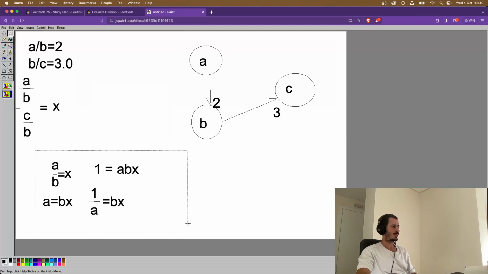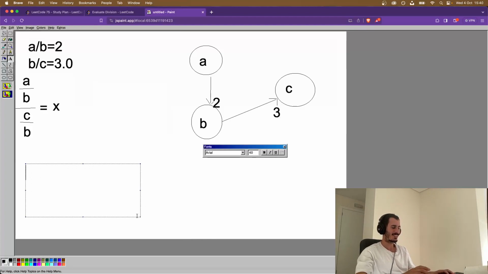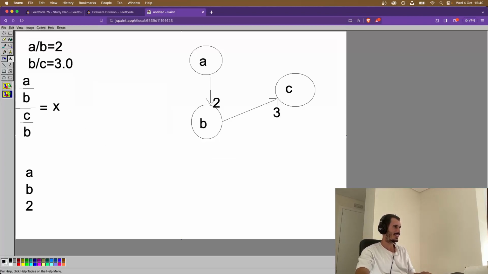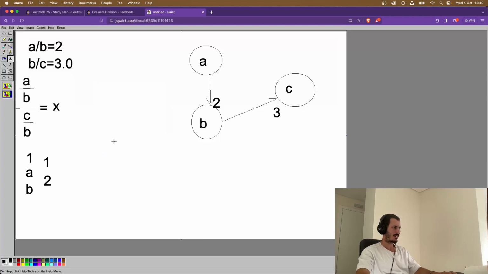Wait, I'm doing everything wrong, sorry. I don't want x, because I already know a divided by b is 2. Sorry, I was getting into unnecessary math. So a divided by b is 2, and that means that if we do 1 over a divided by 2, that's the same as 1 over 2.